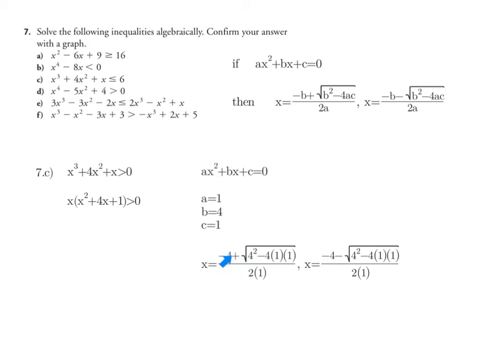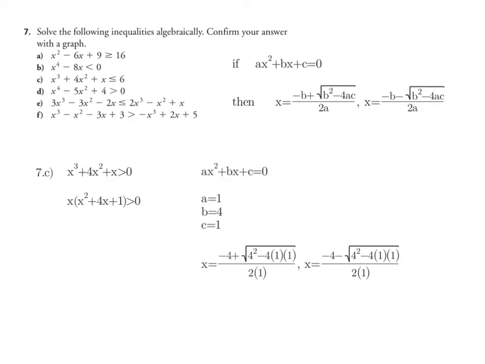We're both going to negative 4, but here we're doing the plus, and here we're going to do the minus. b squared, so this b is 4, so 4 squared, minus 4ac. So minus 4 times a times c. This 4 is just the formula. It's not because this is a 4. That's a coincidence. There's always a 4 here. And all over 2a. So 2 times a, which is 1.